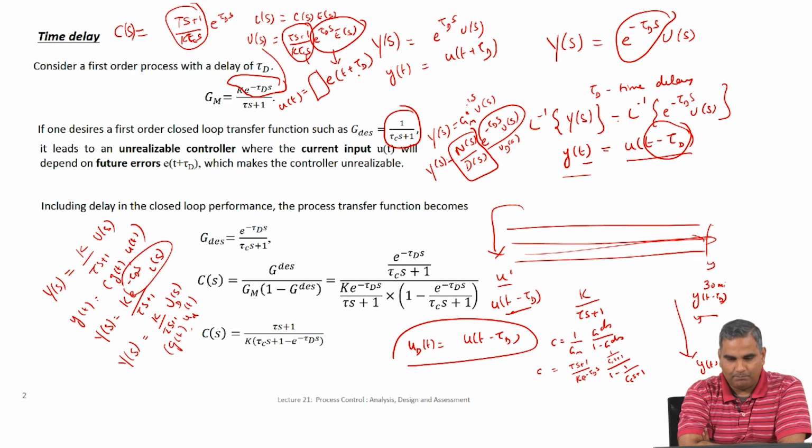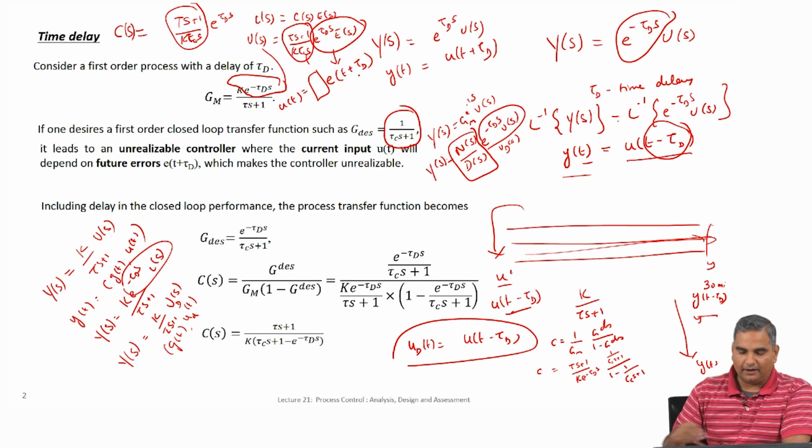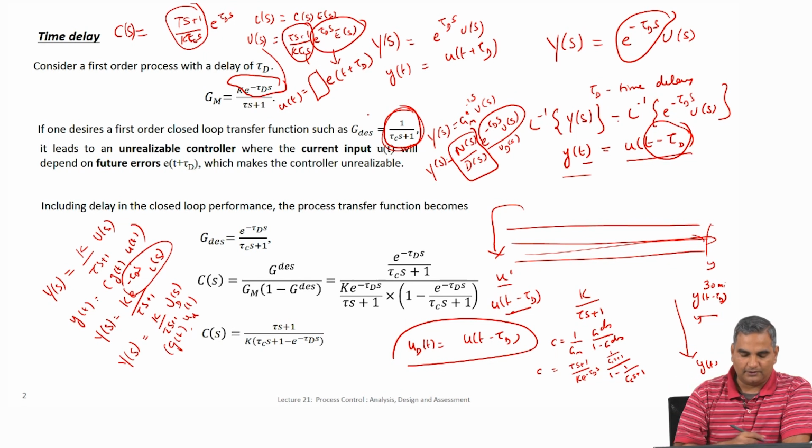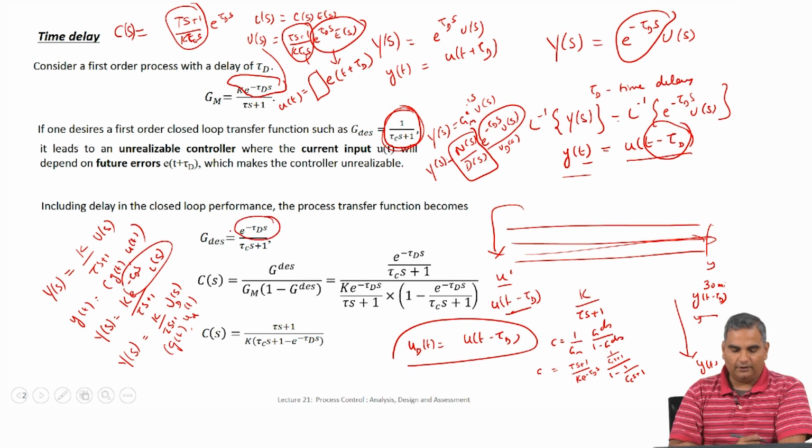So, much like the inverse response problem, for time delay also we are going to moderate our expectations in terms of the performance, and then we are going to say let me not ask for any performance such as this 1 over tau s plus 1. Much like how I introduced an RHP 0 to handle inverse response systems, I am going to equivalently introduce a time delay.